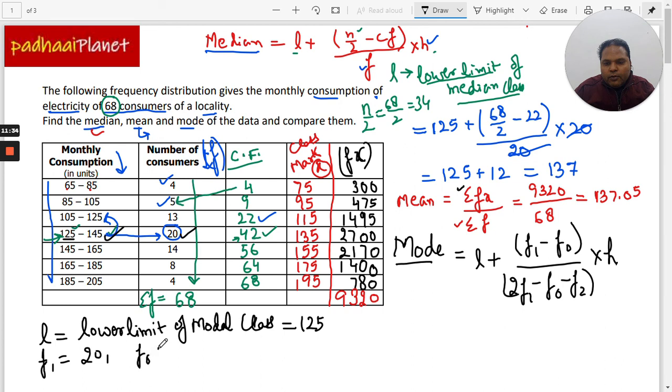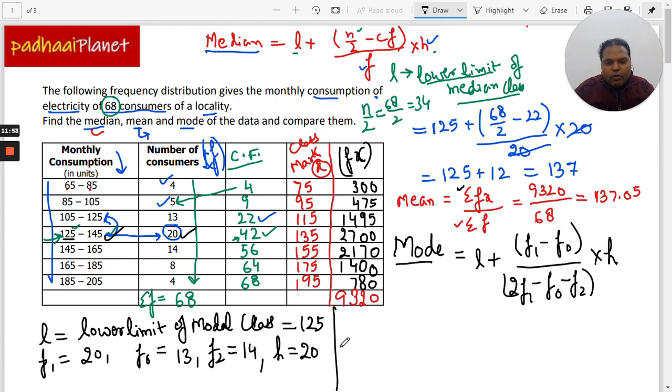F0 is the frequency of the preceding class, so that is 13, and F2 is the frequency of the succeeding class, so that is 14, and H is the width of the class, so that is 20.